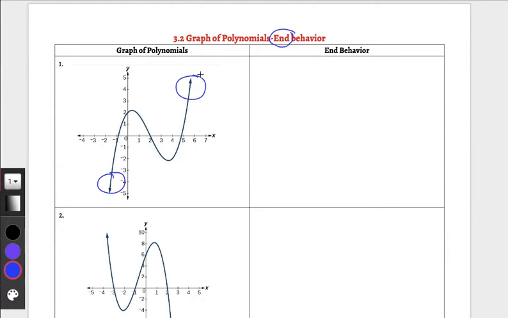So we always focus on what happens to the right side and what happens to the very left side. We don't focus too much on what's in between, because in the future, since we are going to talk about the graph of polynomials, we're definitely going to discuss more about this. But for end behavior, we only focus on the ending part.